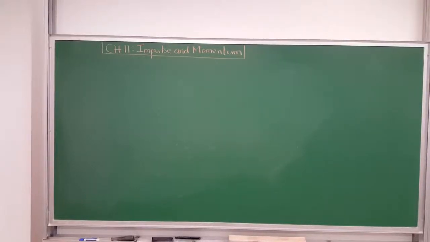Hi, and welcome back. Today we're going to start chapter 11, which is about momentum and impulse. We're going to study multiple particles now, and if you remember, up to this point, through chapter 10, all the objects we have studied were point particles. They did not have a shape, they did not have an orientation.